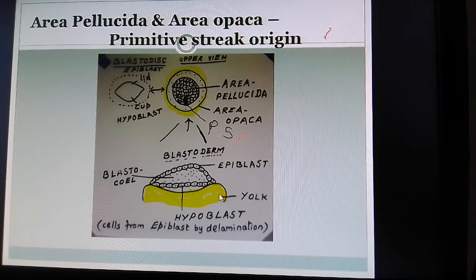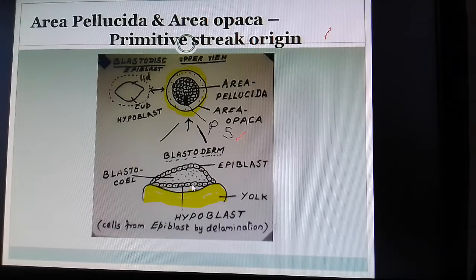Now here you see there is the yolk, and on the surface of the yolk there is the blastodisc. That is the region for the division of nucleus into blastoderm. So the first formed layer of the blastoderm is epiblast, and by the delamination of the epiblast, delamination in the sense the separation of cells and migration of cells from the epiblast layer, a new layer called hypoblast is formed.